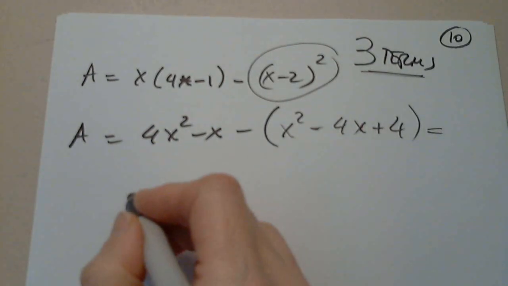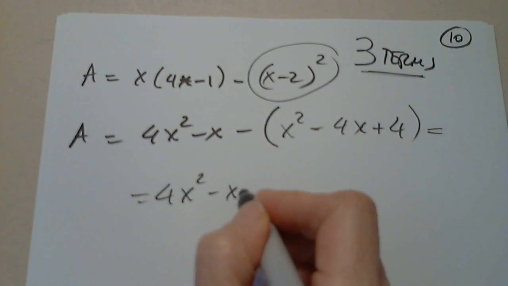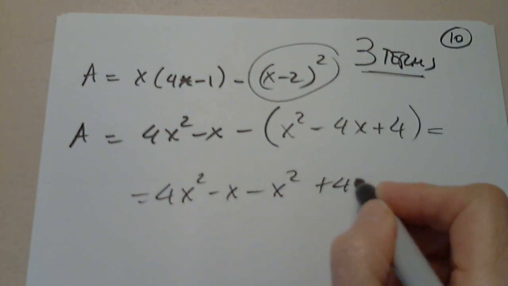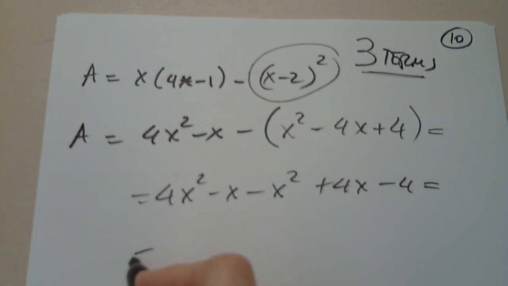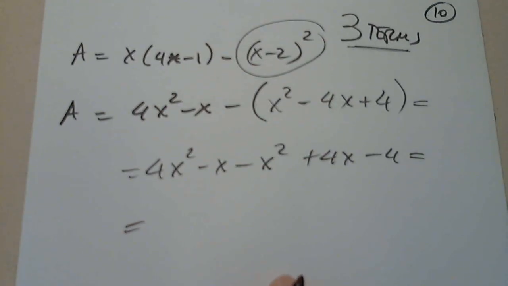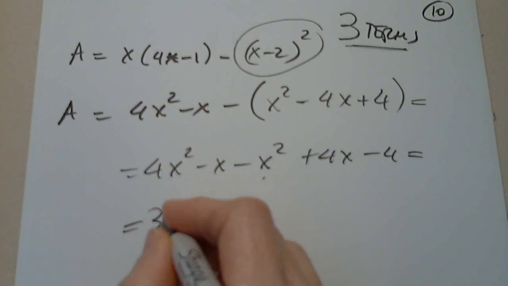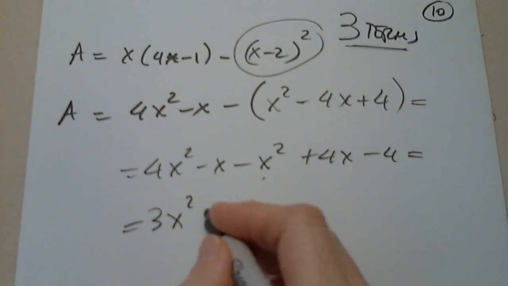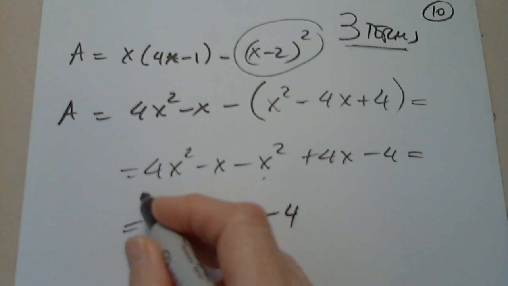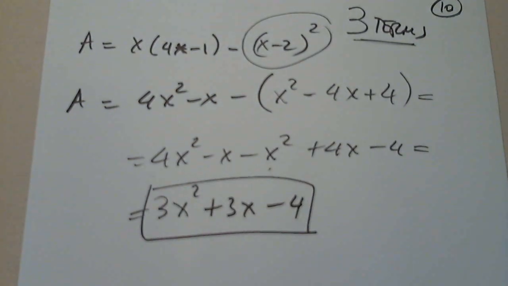So I continue, 4x squared minus x squared plus 4x and minus 4. And you have to present everything in descending order, combined like terms. 3x squared plus 3x and minus 4. And this is how we have to enter it. And this is the area that is shaded in.